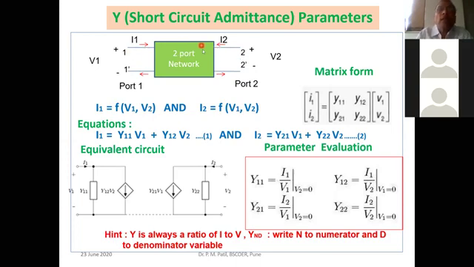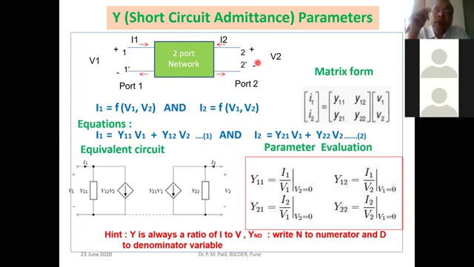With these assumptions, for the Y parameter or admittance parameter, there are 4 variables now. You have to express 2 variables in terms of the other 2, so 2 will be dependent and 2 independent.